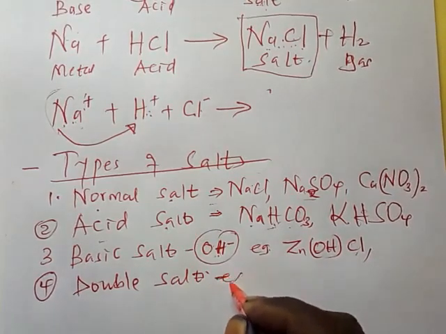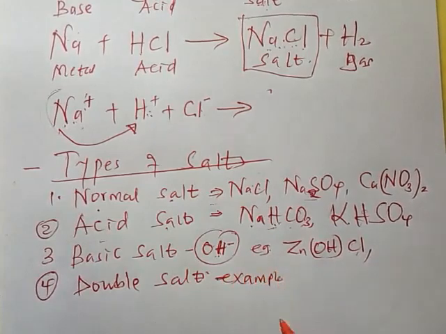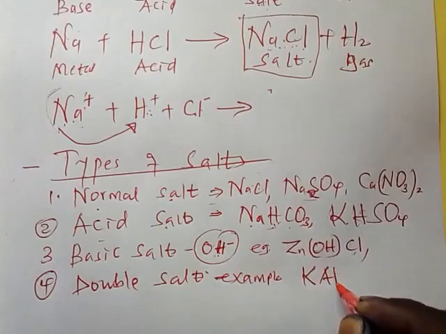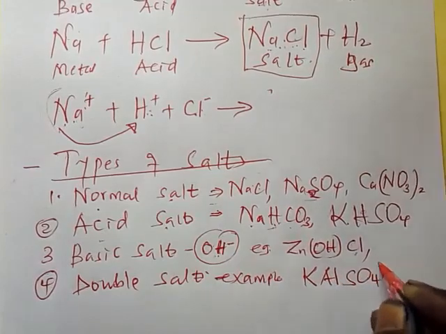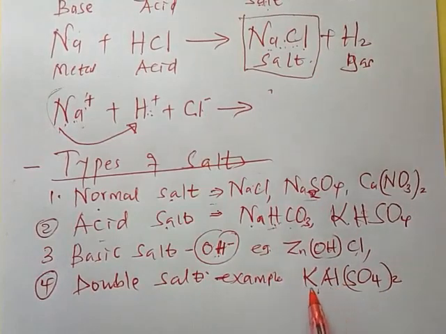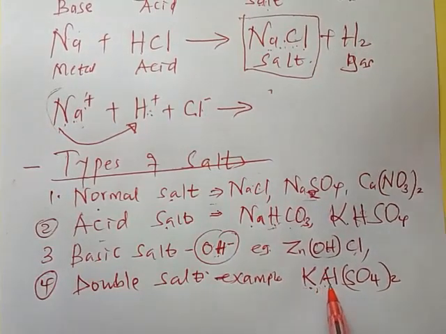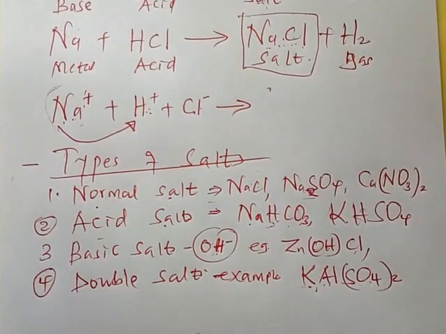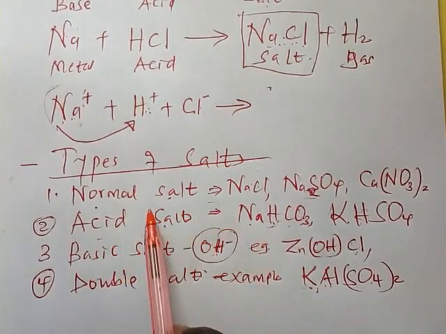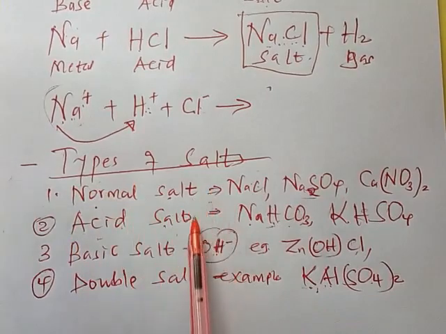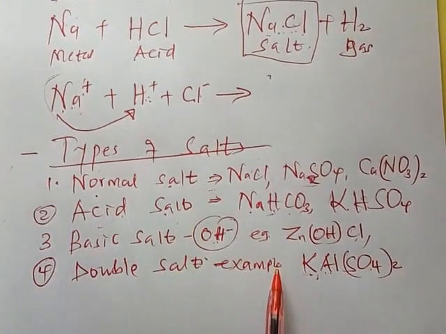An example of a double salt is potassium aluminium sulfate. This is potassium, this is aluminium, and then sulfate. That one is a double salt. But my major aim is to enable you to know the types of salts. So it is important to know the types of salt and at least one example for each.